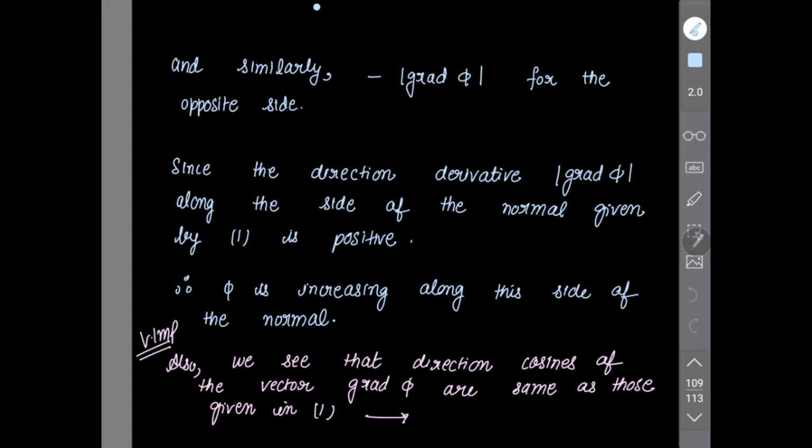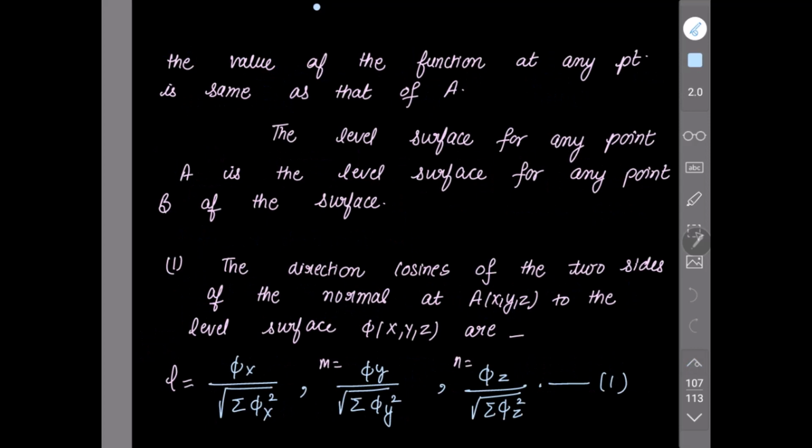The direction cosines for grad phi are phi x over root of summation phi x square, and the other one is phi y over root of summation phi y square, phi z over root of summation phi z square for grad phi. And these are also the direction cosines for the normal side which we have taken from the first.